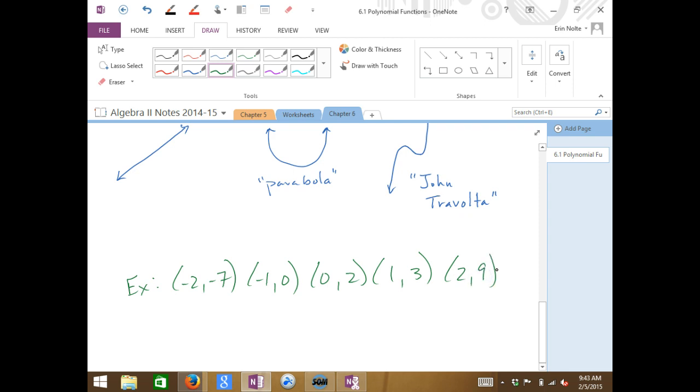Okay, so this is where the calculator comes into play. So grab your calculator. Should we write those down? I would. I mean, it's up to you. They're your notes.